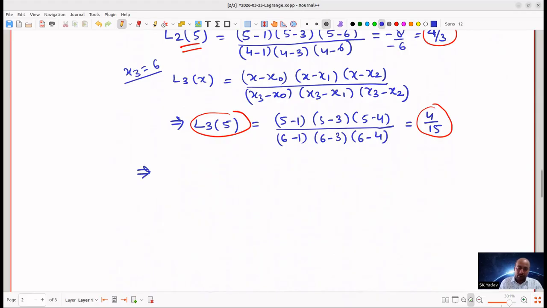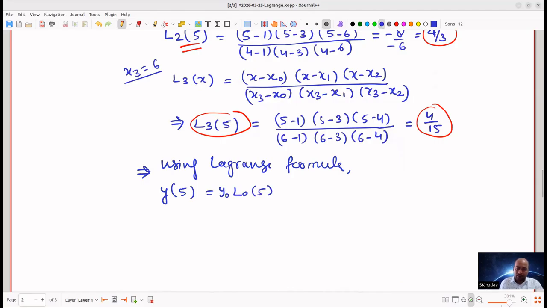So this means using formula, we can approximate y at 5 now equal to L05 y0 plus L15 y1 plus L25 y2 plus L35 y3. So this, the expression just put the values.